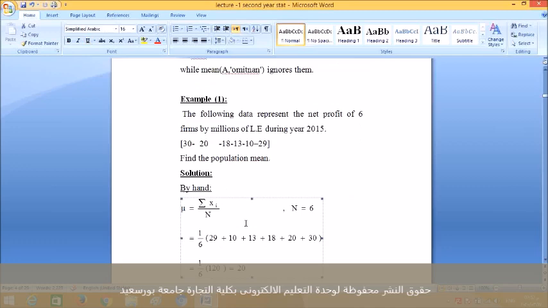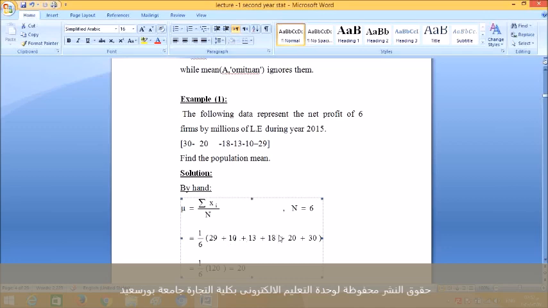Using the manual solution or solving by hand, you put mu equals sigma x over n, where n equals 6, and x is the observation.